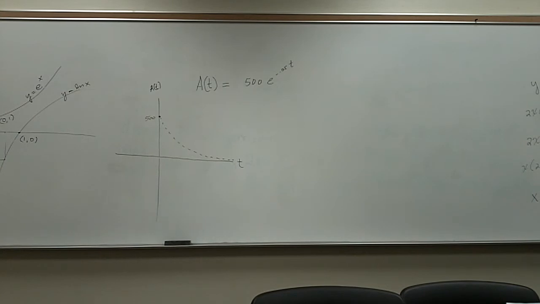So your time has to match whatever you're talking about. Does that make sense? If the rate is in months, and they want to know how much is left after 2 years, then what would you replace T with?